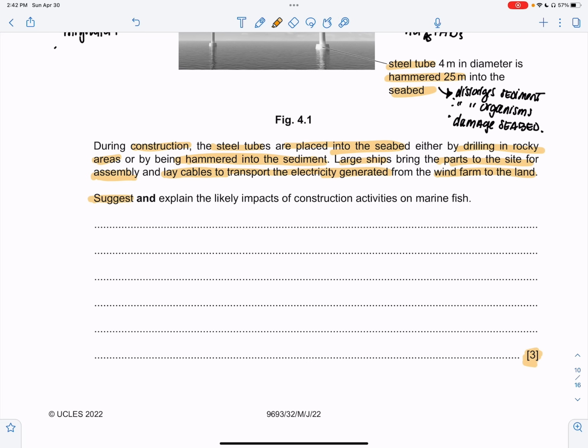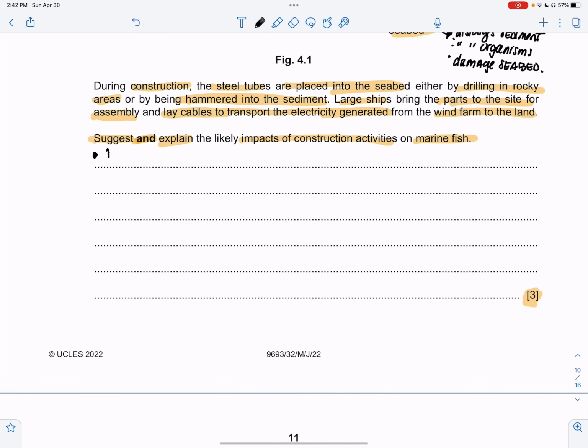So what are the likely impacts of construction activities on marine fish, and explain your reasoning. So what is the impact, and then why did you say that? Okay, so just in general, there could be a loss in feeding, breeding, or nursery grounds.